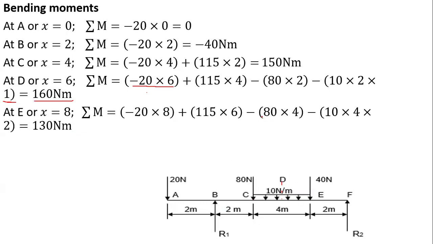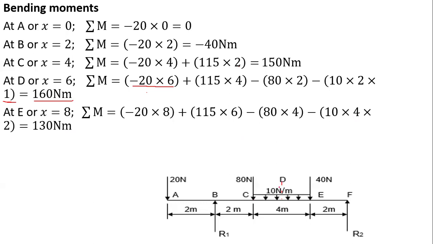Next is 80, which is also negative, by 4, because this is from there all the way to there. Then comes the culprit. Here I have 4 meters, so I'll multiply 10 by 4 to get the force. Again, I multiply by half of 4, which is 2. So 10 multiplied by 4, again multiplied by 2.